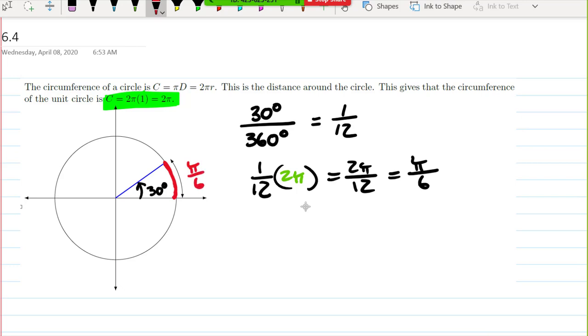So the distance I would have walked from the starting point to here on the circle would be pi over 6 units.